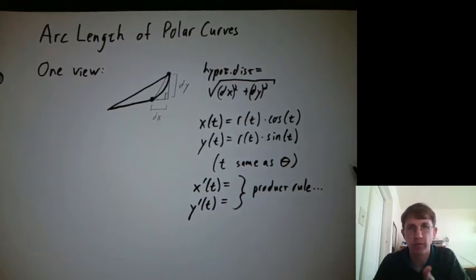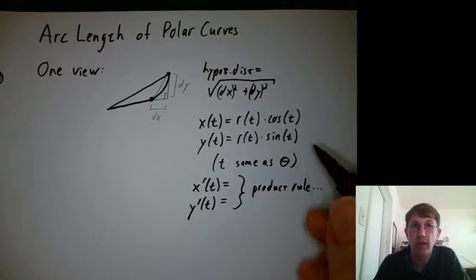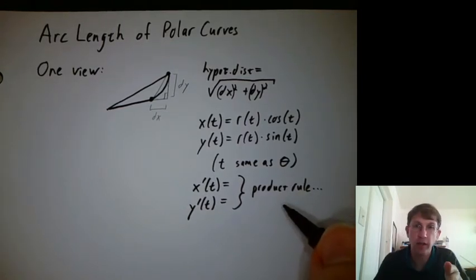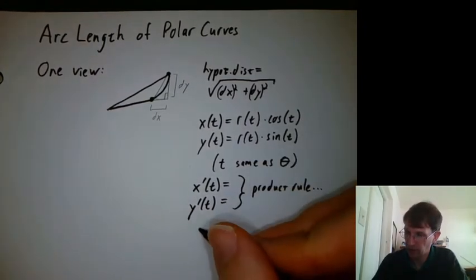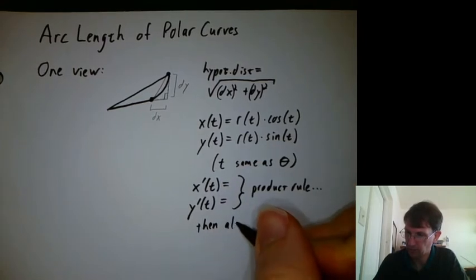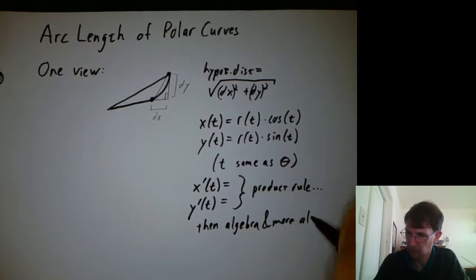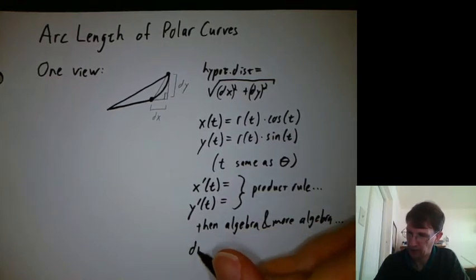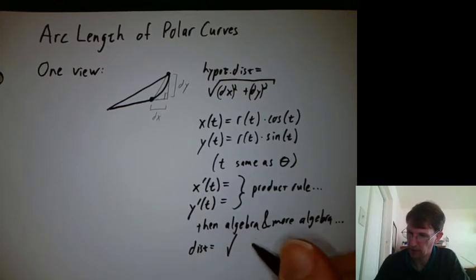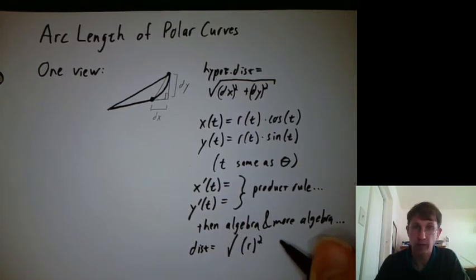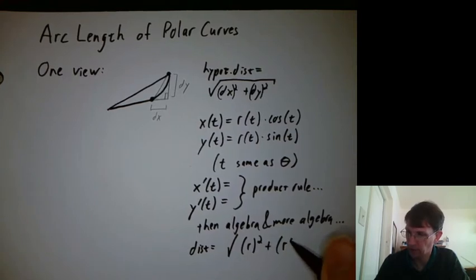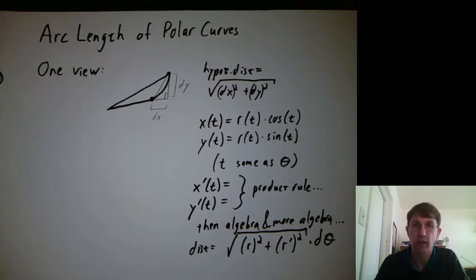So it's a lot of by-hand calculus, not very fun. And then we have to do some algebra, and then some more algebra. What you get is that the distance is the square root of r squared plus r prime squared times d theta, which itself is not a bad formula.